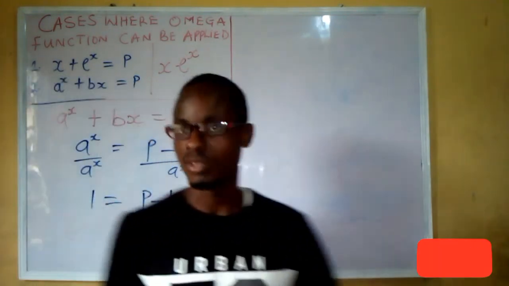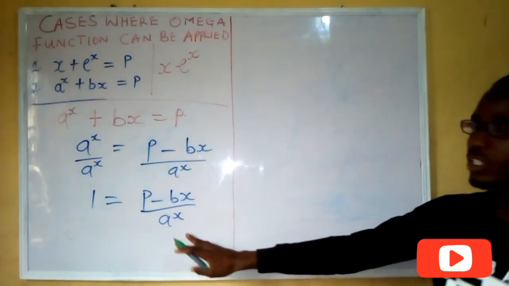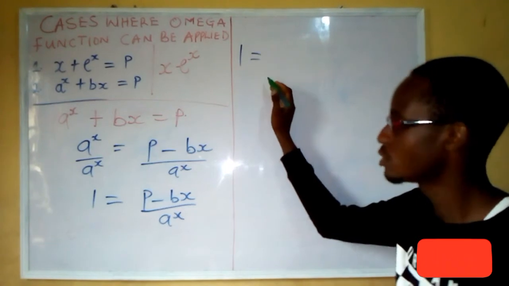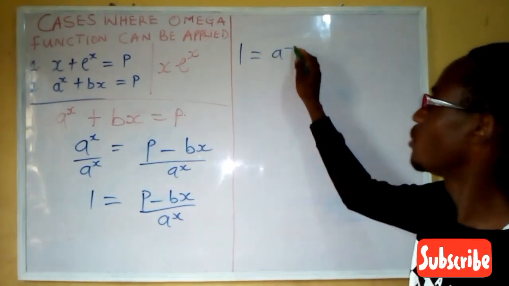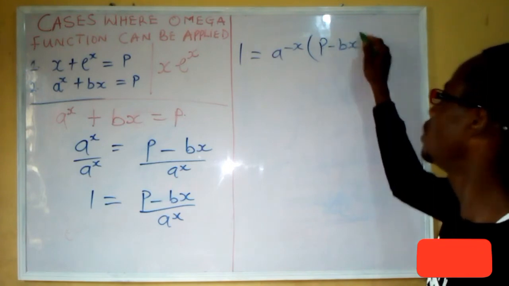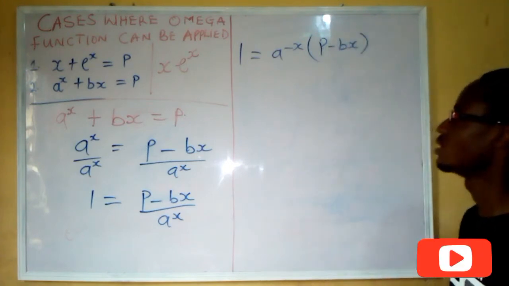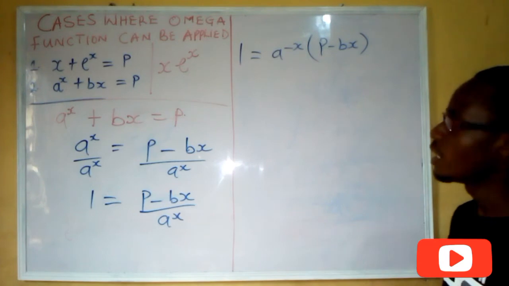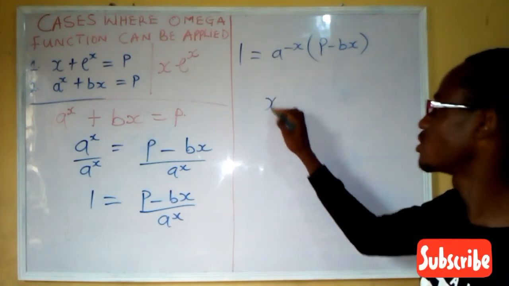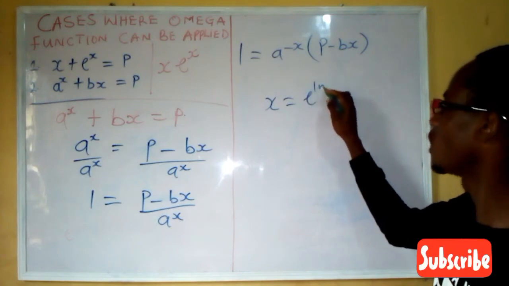Can you see this? Very simple. So now let's move again. I can convert this to 1 equals a raised to the power minus x all multiplied by p minus bx, like I've already said. However, don't forget I talked about the basic facts that x is the same thing as e raised to the power ln x.